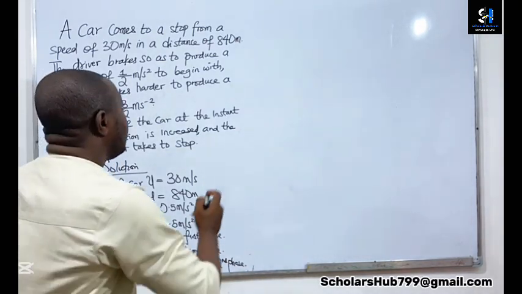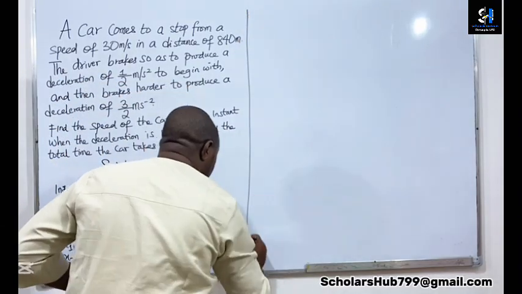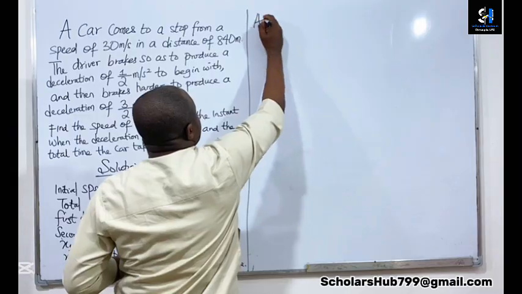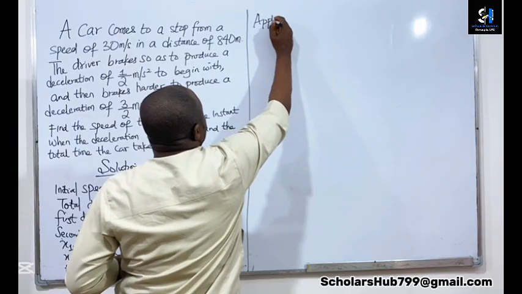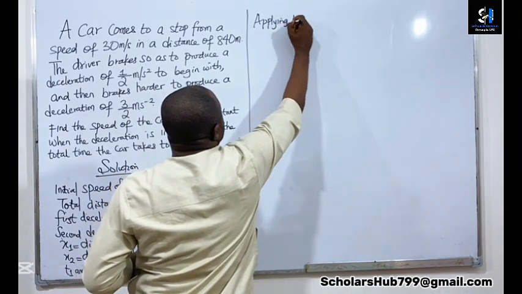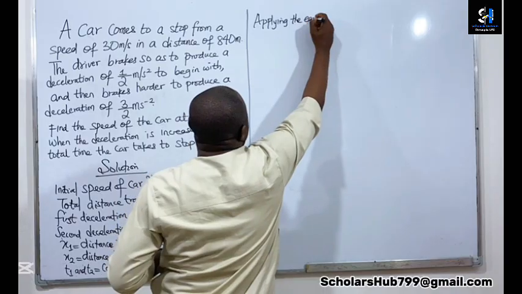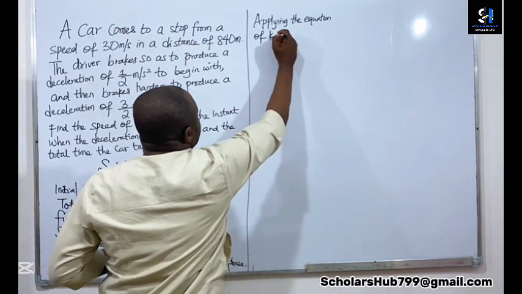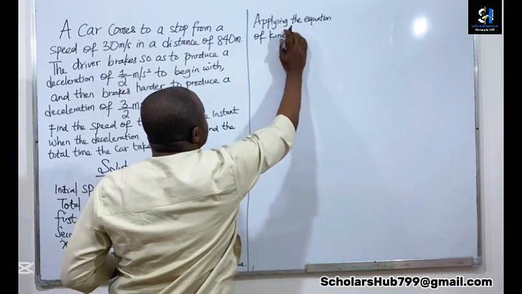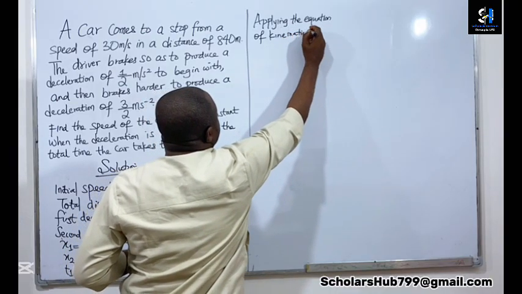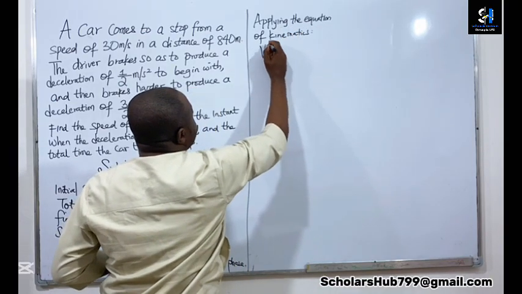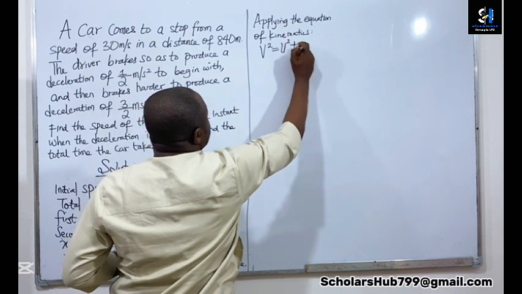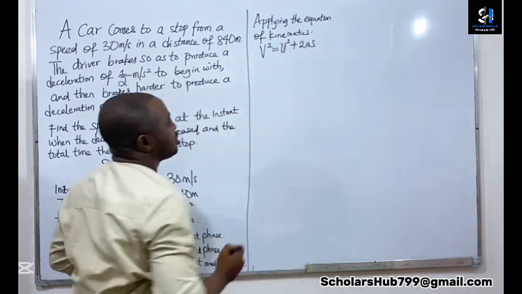Okay, so now let me introduce the equation. Applying the equation of kinematics, that is v squared equals u squared plus 2as.